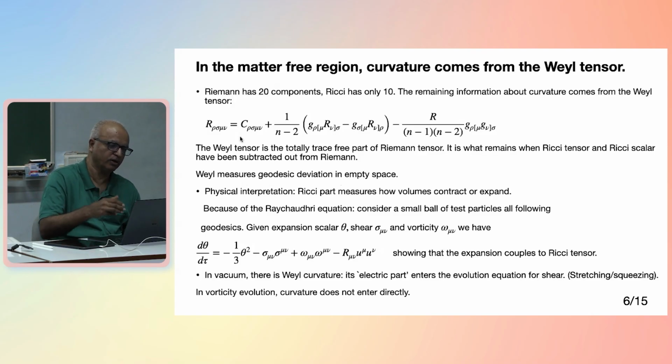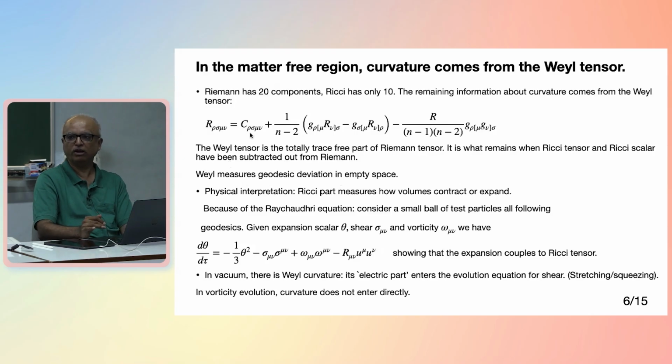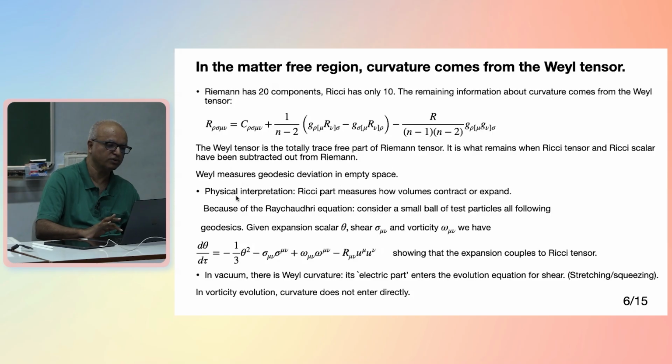So now I explain: what does Ricci do and what does Weyl do? They are both curvatures, but they have different physical interpretations and different physical consequences. I explain in a few lines. The Ricci part measures how volumes contract or expand.